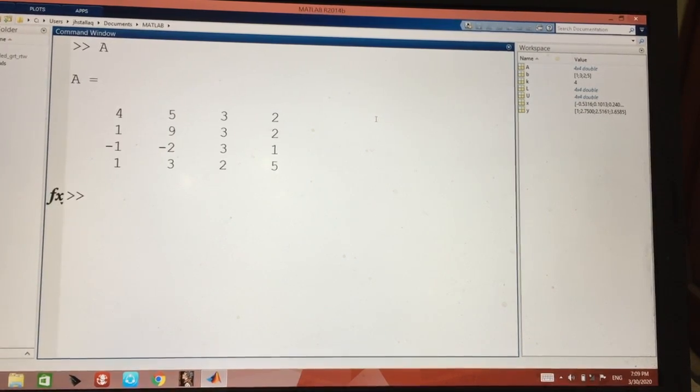And A41, A42, A43, and A44. Here, if you look at the first elements, this is A11, this is A12, this is A13, this is A14, and so on. This 9 is A22, this 3 is A33, this 5 is A44, and so on.